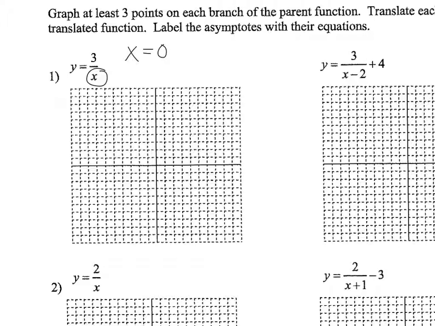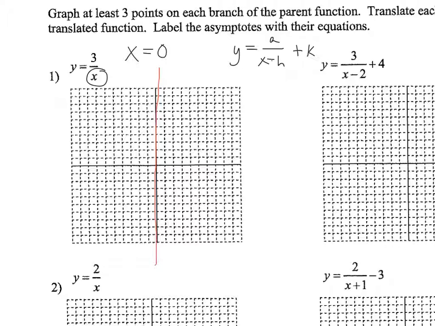So I'm going to do my asymptote in red. And then also, because we're looking at reciprocal functions, taking the case of something like 1 over a times x minus h, plus k.